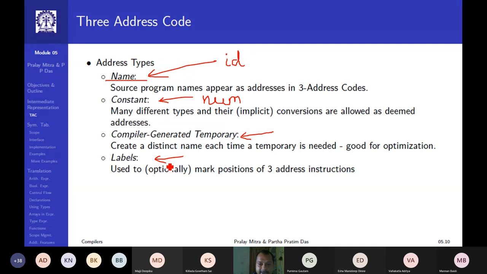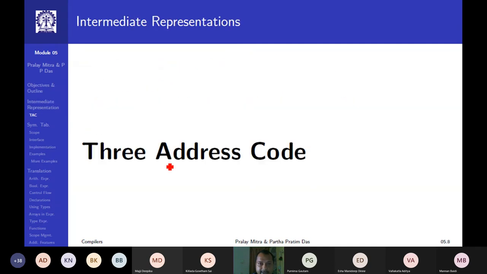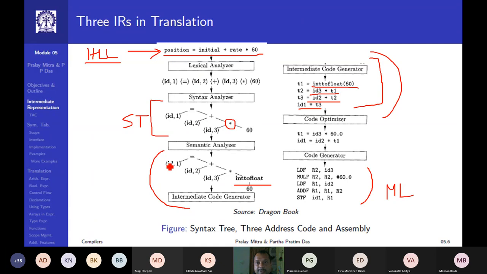Let me go back to that slide. Here you see that initially it was position equals initial plus rate multiplied with 60. Now I imposed one condition that you should not deal with more than three memory spaces or constants, and there will be at most one operator.